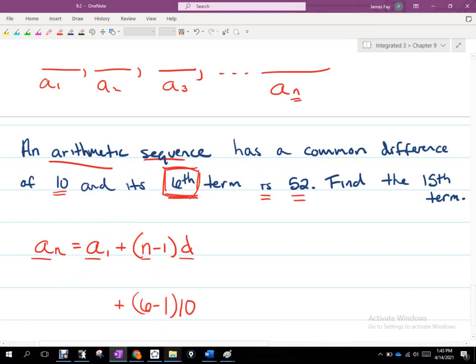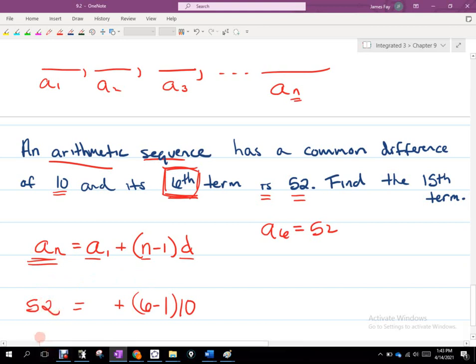So I'll go 6 minus 1 there. If I'm finding the sixth term, a sub 6 is 52 is what we're saying here. Does that make sense? Right now I'm developing a rule using n being 6, so this is the sixth term, so a sub n then has to be 52.